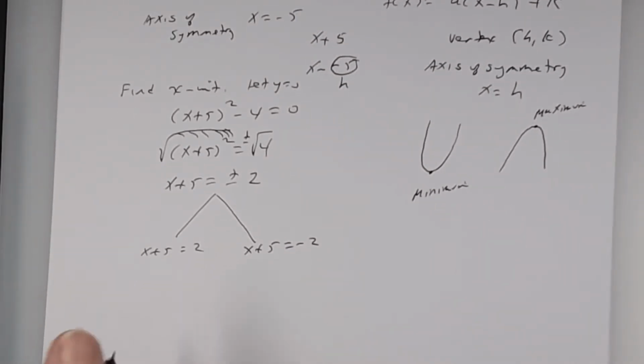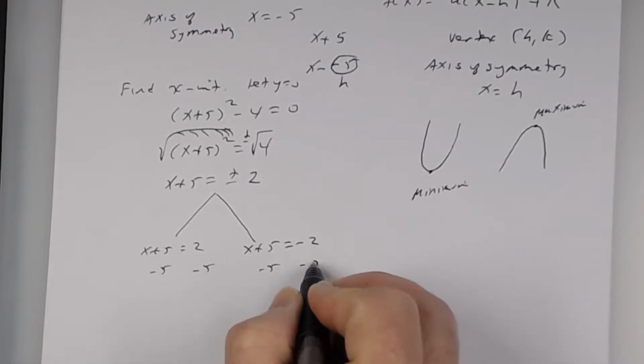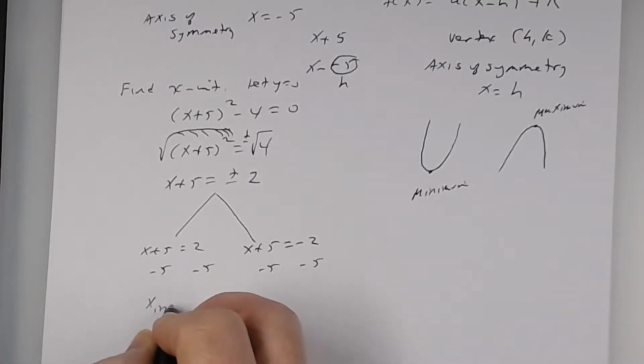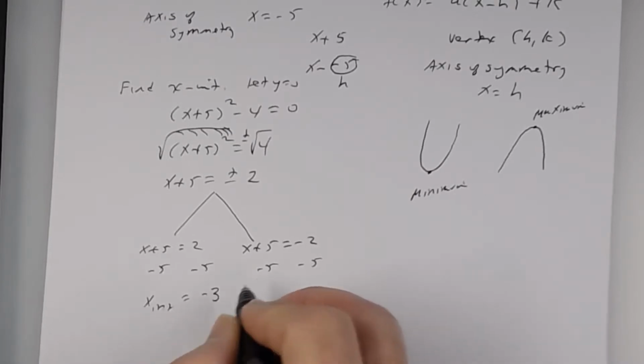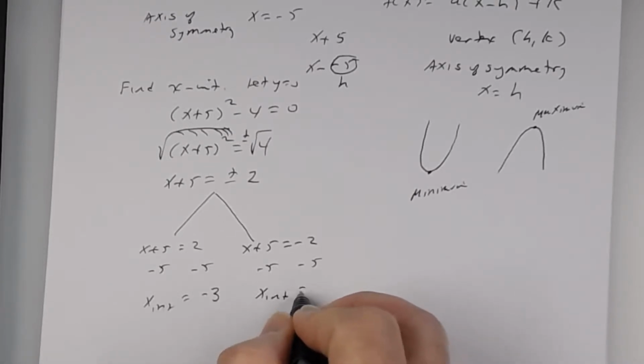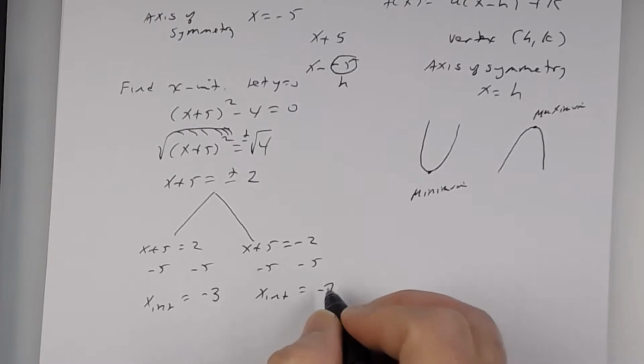How do you get x by itself? Subtract 5 from both sides. So one of my x-intercepts is negative 3, and the other x-intercept is negative 2 minus 5, which is negative 7.